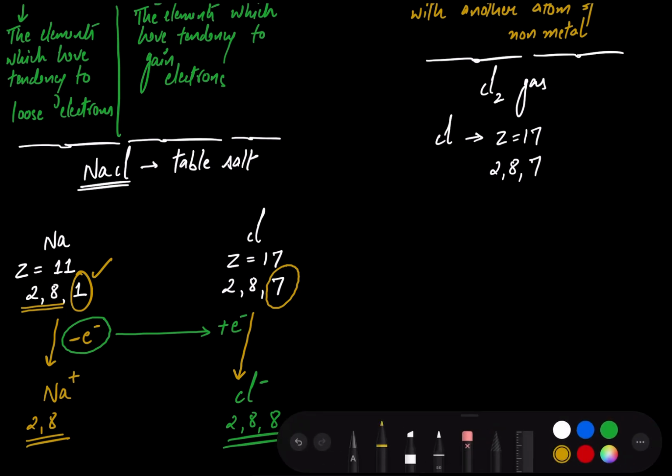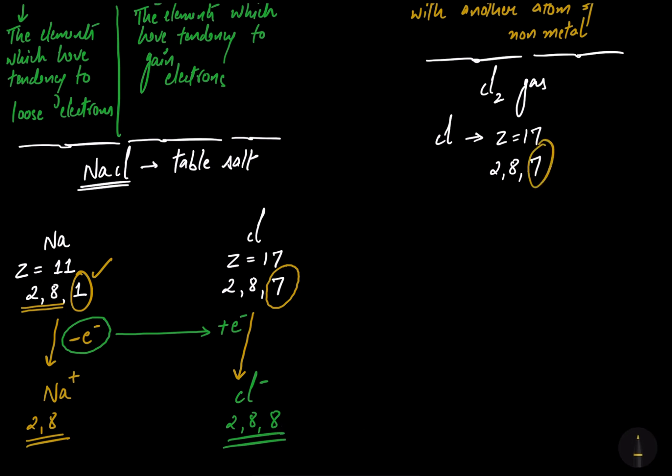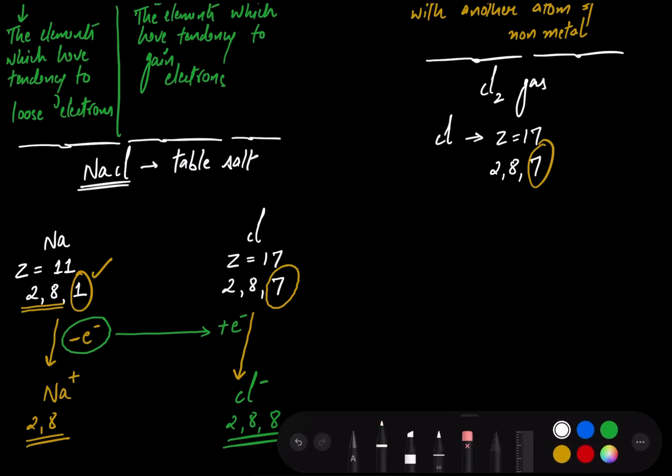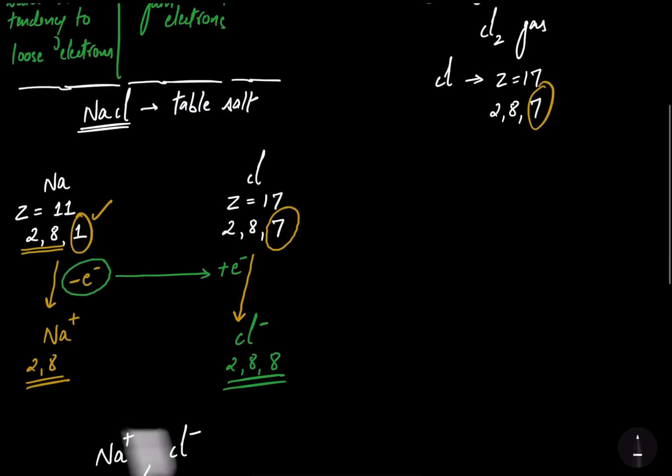The valence shell has a total of 7 electrons, so we need to show 7 dots around the chlorine: 1, 2, 3, 4, 5, 6, 7.